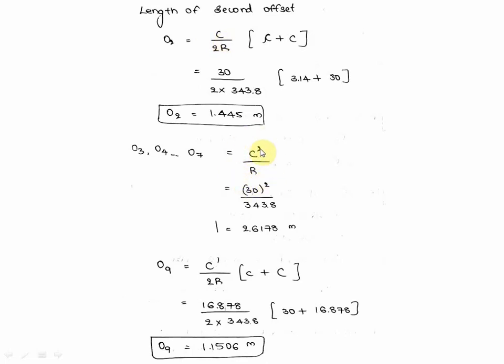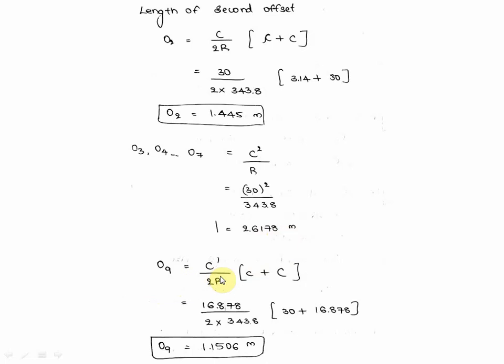That's why they are using the c square by r formula for all the intermediate chords O3 to O8. So c square by r, 30 square by 343.8. All the offsets O3 to O8, you will get 2.617 meter.